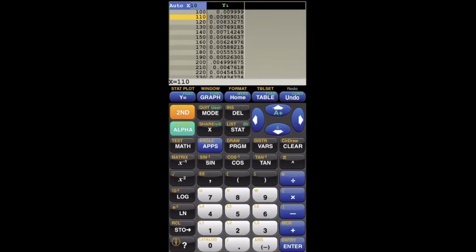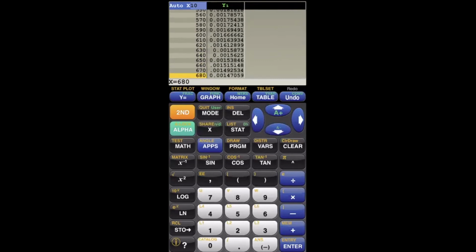So, okay, we want it to go below 0.001. So scrolling, scrolling, scrolling. Okay, we're getting close. Okay, so right around 1,000 is, well, somewhere between 990 and 1,000.